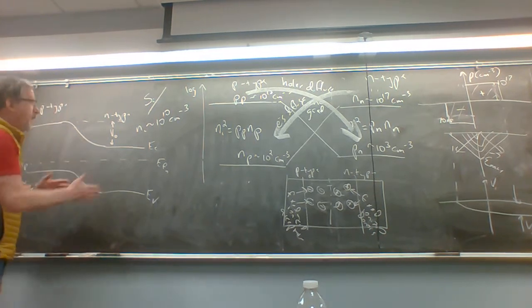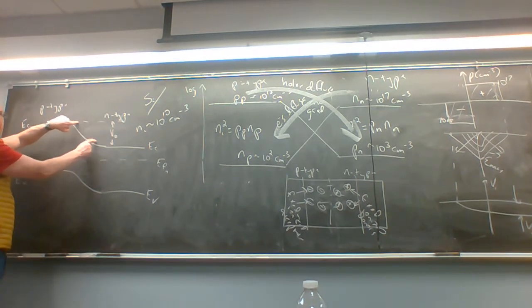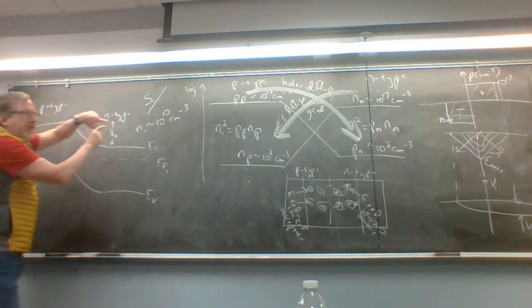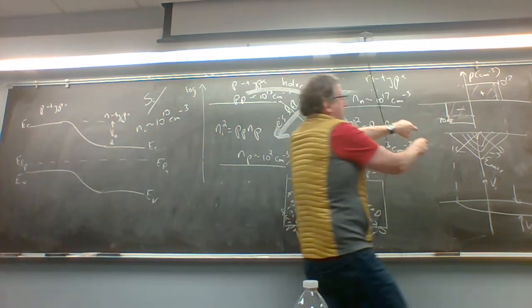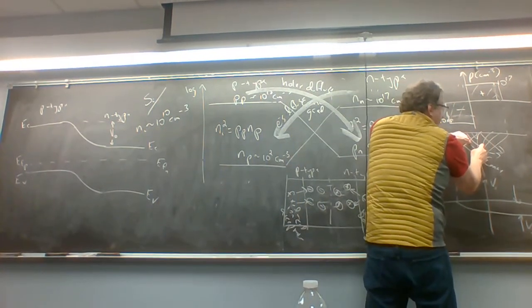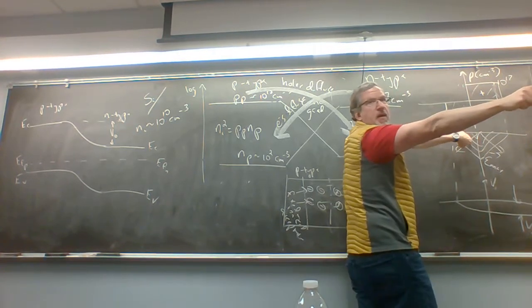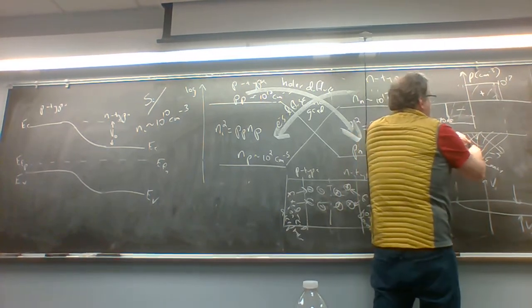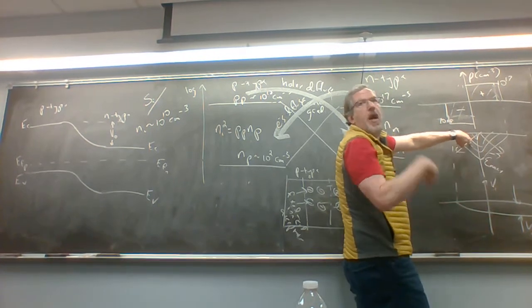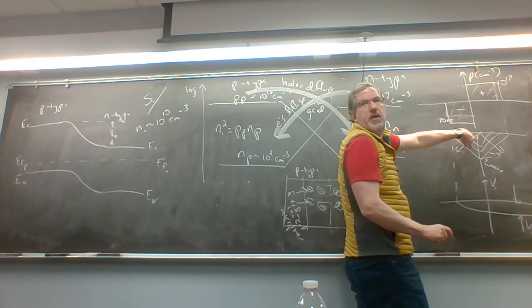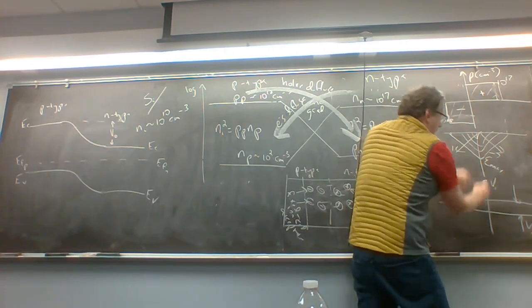So the electric field, that's why the bands bend. That's why I drew this. The dipole creates the electric field. The electric field indicates there's an opportunity for the drift that Shirley talked about, right? Which bends the bands.